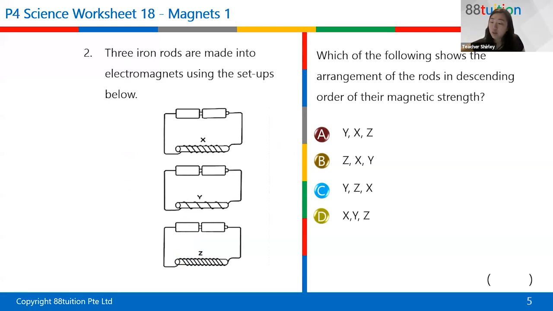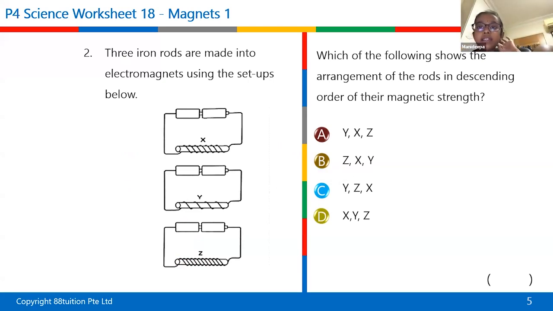Question 2. 3 iron rods are made into electromagnets using the setups below. Which of the following shows the arrangement of the rods in the descending order of their magnetic strength? B, ZXY. Why is it that Z is the strongest?